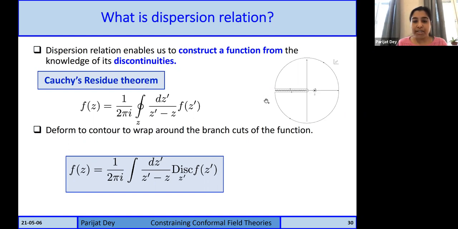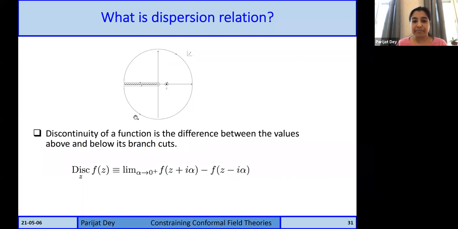If we do this, then the same function can be written in terms of the discontinuity of this function. By discontinuity, I mean the difference between the values of the function above and below its branch cut. So this is the value above the branch cut, and this is the value below the branch cut, and you take the difference and compute the discontinuity.